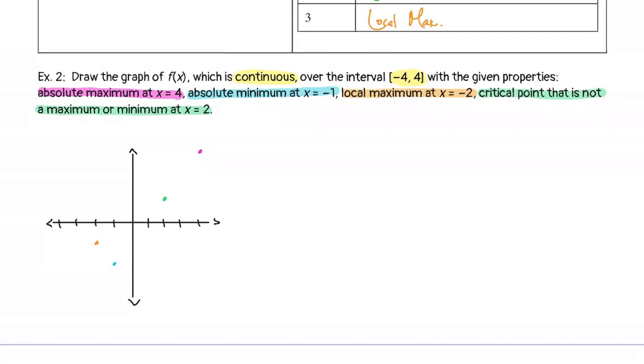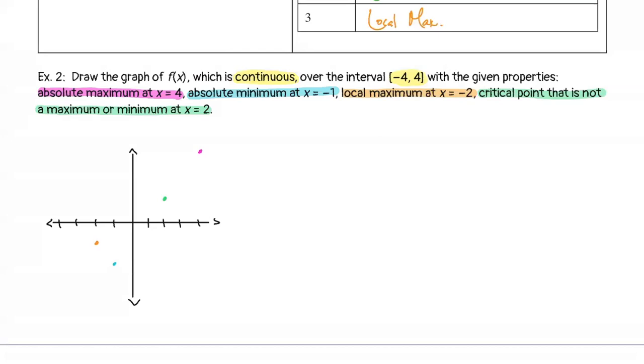Okay. And then it's basically a very grown-up version of connect the dots. So we are drawing our points and then we're connecting them in a way that matches the statement above. All right. So we have our absolute max, our absolute min, a local max, and a critical point.